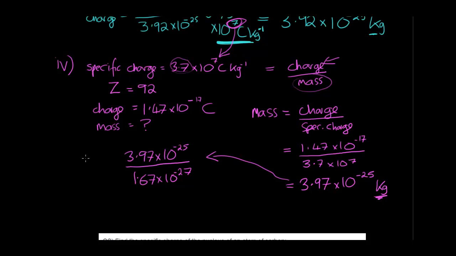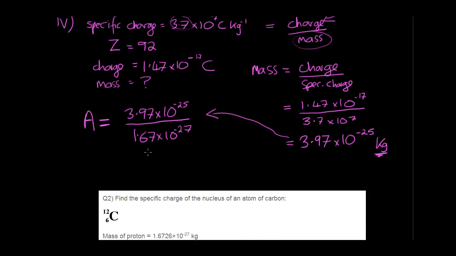The nucleon number, that should be A, because that will be the total number of nucleons in the nucleus. So let's try that. Divide by 1.67 times 10 to the minus 27, and we get 237.9.